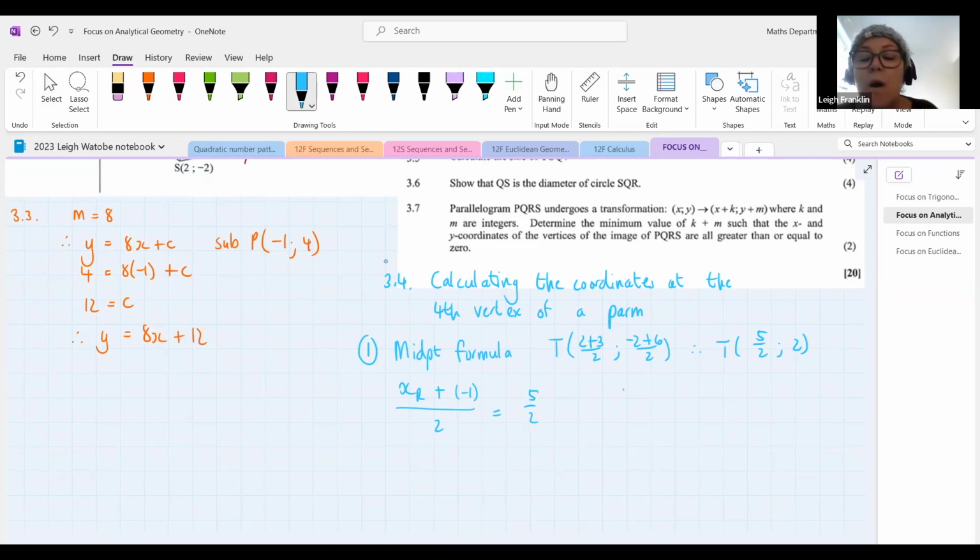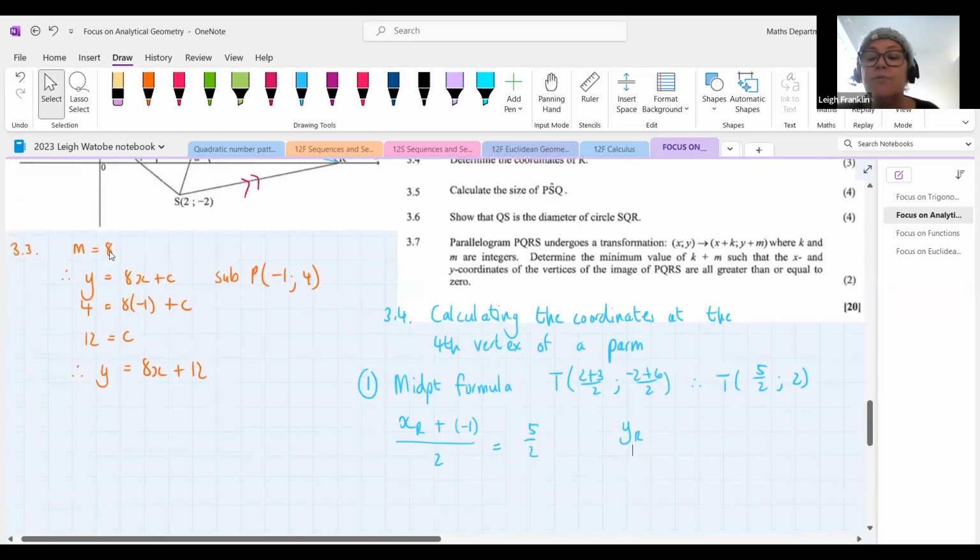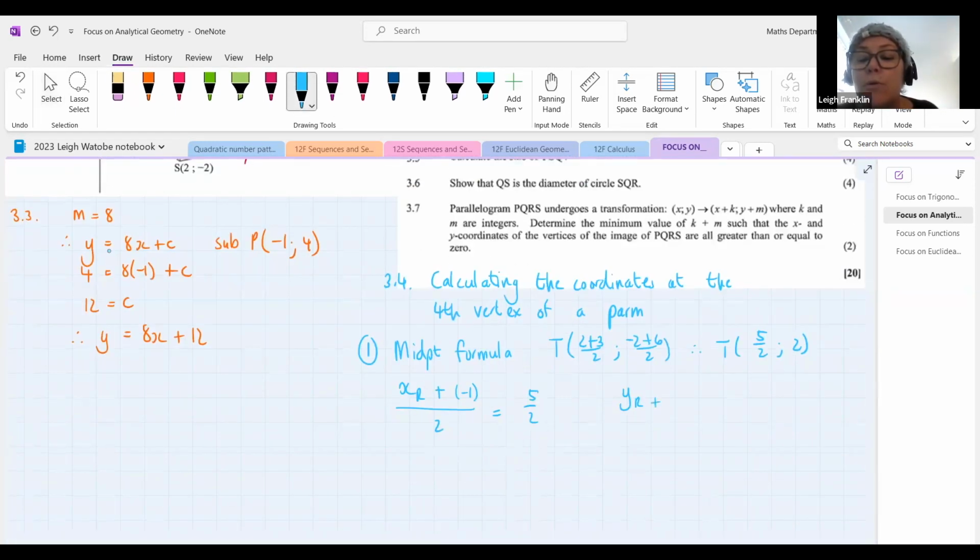As far as the y coordinate at R is concerned, the y coordinate at R plus 4/2 is equal to the y coordinate at T, which is 2.